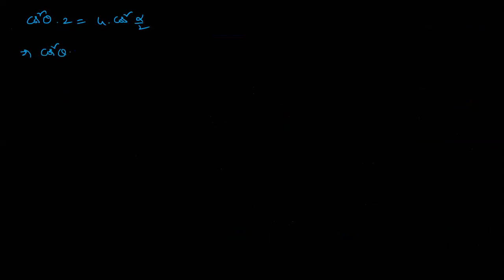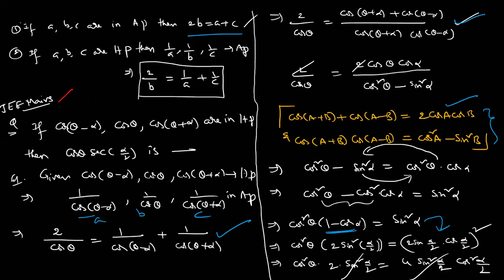So cos square theta into secant square alpha by 2 is equal to 2. So the answer is how much? Root 2. Don't worry, I'll repeat here.